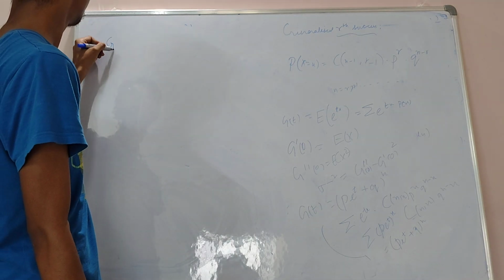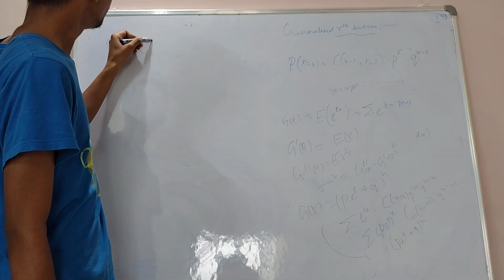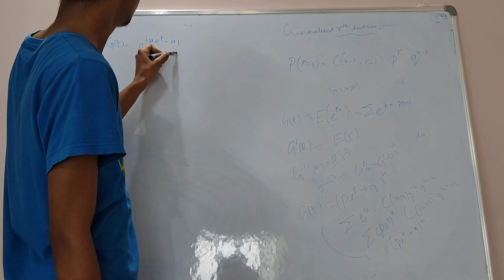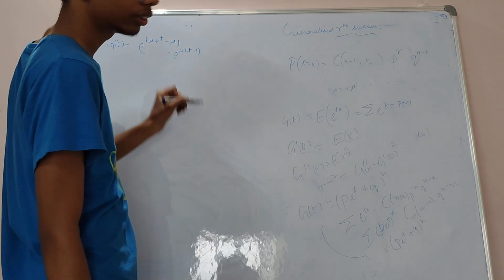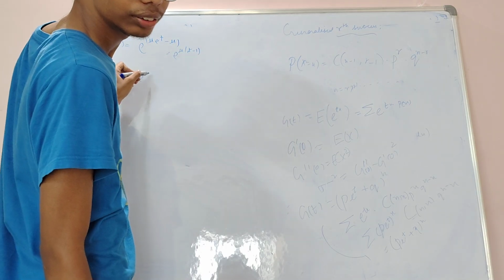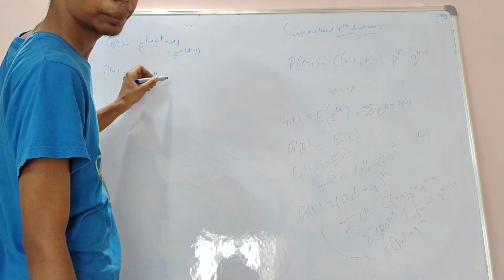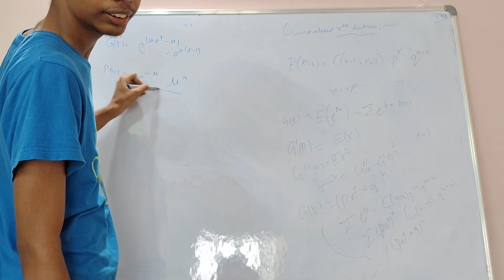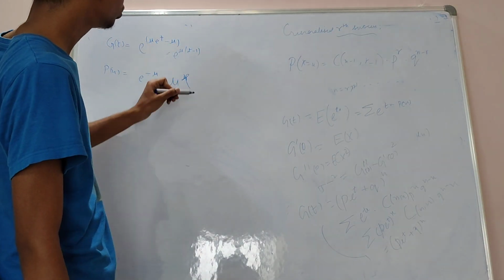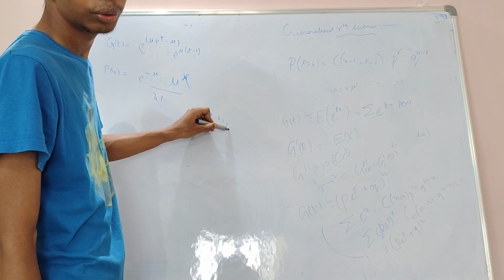Suppose I have g of t given as e to the power mu times (e to the power t minus 1), and p of x is given as e to the power minus mu multiplied by mu to the power x divided by x factorial, where x is 0, 1, 2, and so on.